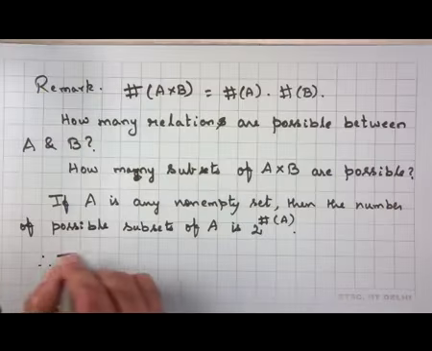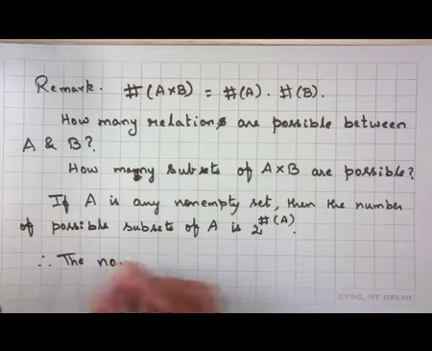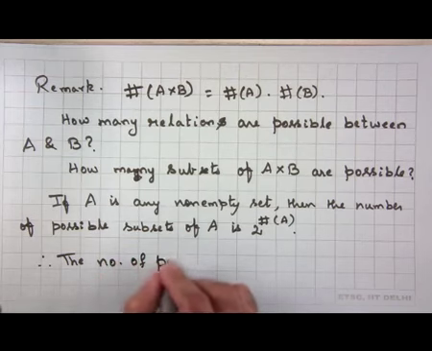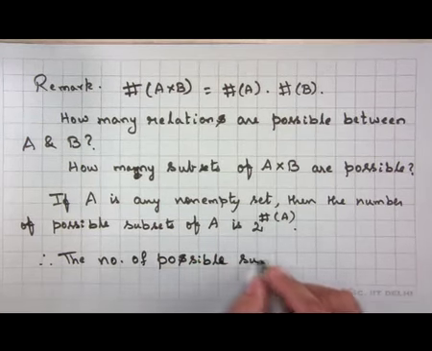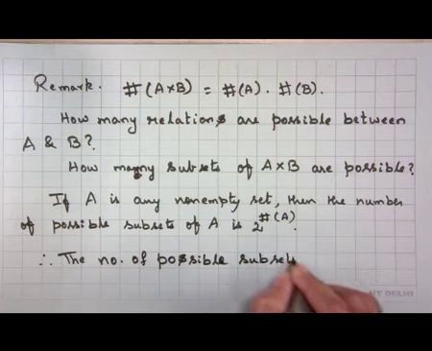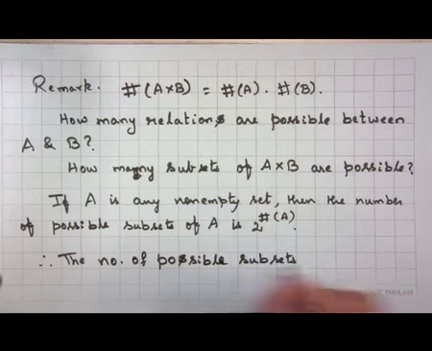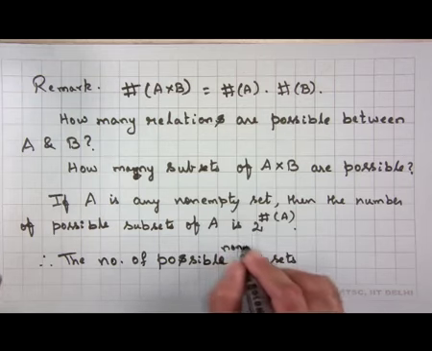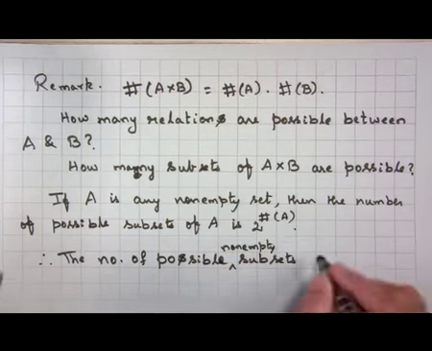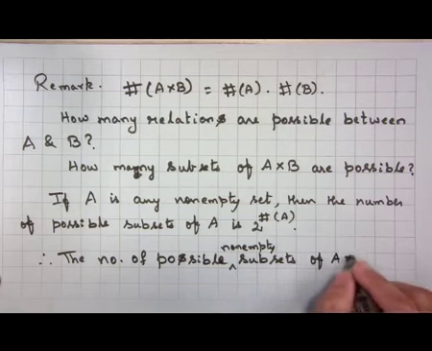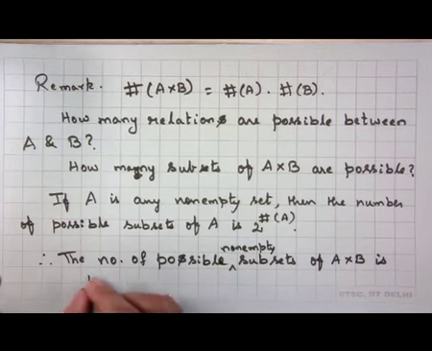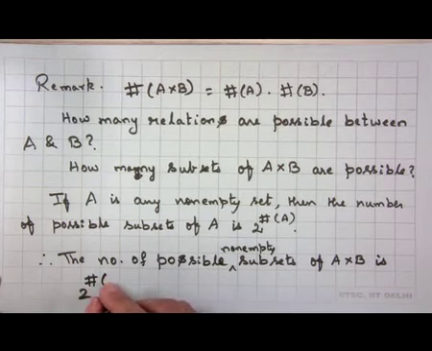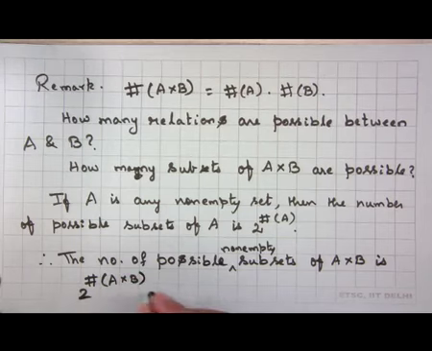Therefore, the number of possible non-empty subsets of A cross B is 2 power the cardinality of A cross B, minus 1.